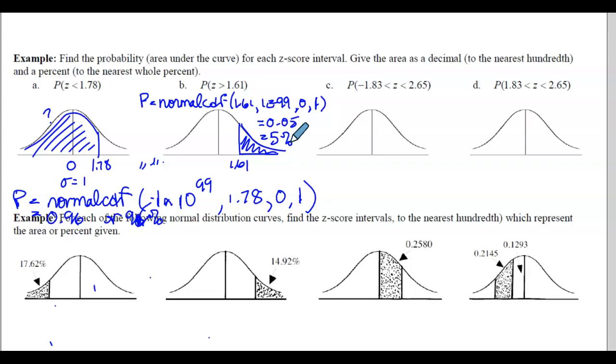Next one, negative 1.83 to positive 2.65. You're trying to find that area.